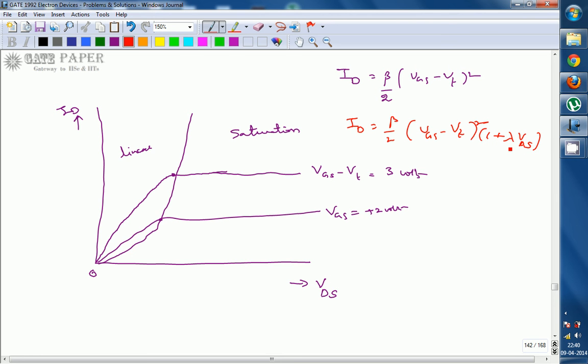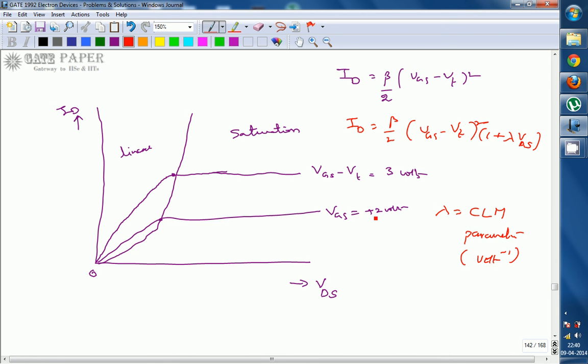This is the equation for the drain current in the saturation region if the channel length modulation effect is considered. Lambda is called the channel length modulation parameter, whose units are per volt, that is volt inverse.